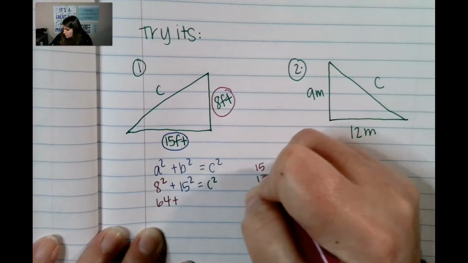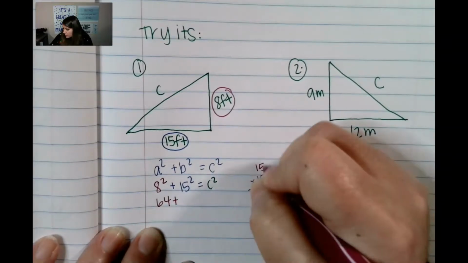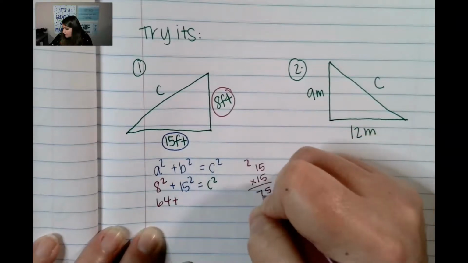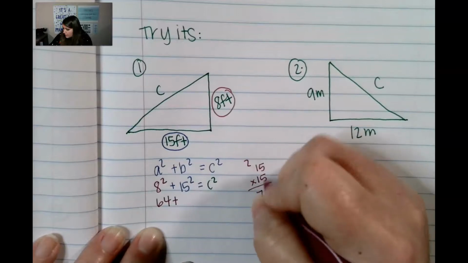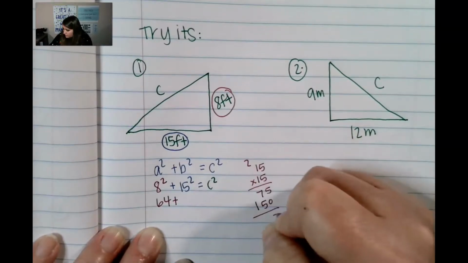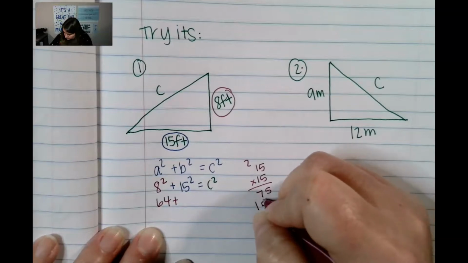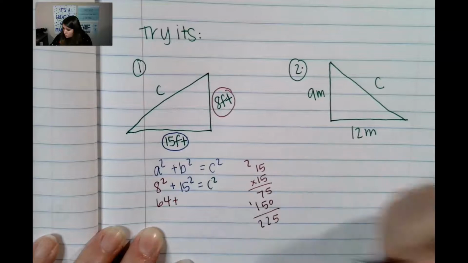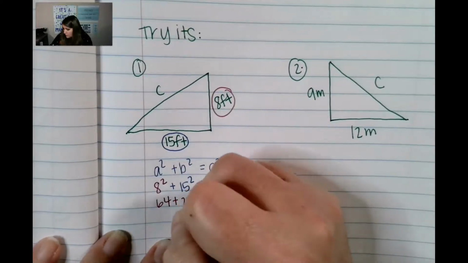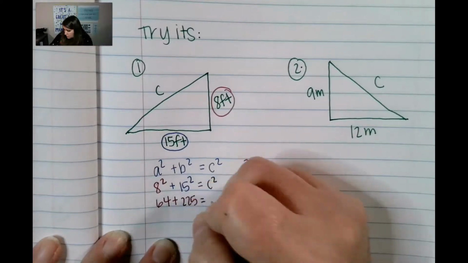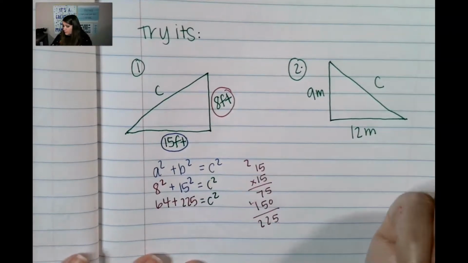So let's do a little bit of math here. So that's 25, carry 2, 5, 6, 7. And that is 5, and that is 1. 10, 12. So 225. So we get 225, and that is going to equal c squared.